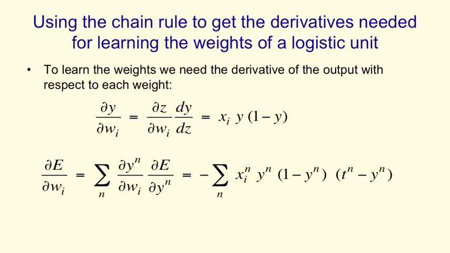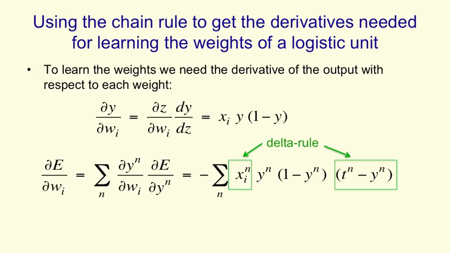We've got dy by dw, and all we need to do is use the chain rule once more and multiply it by de by dy, and we get something that looks very like the delta rule. So the way the error changes as we change a weight, de by dwi, is just the sum over all the training cases n of the value on an input line, xin, times the residual, the difference between the target and the actual output of the neuron.